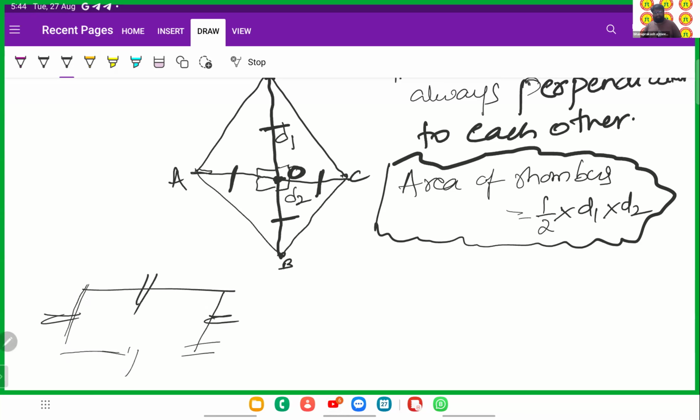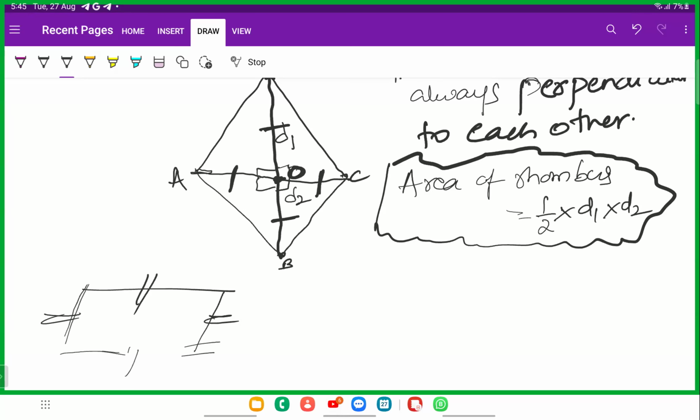Parallel is completely different from equal length. Parallel means parallel lines. Suppose I place these two hands, then it is called parallel. If I tilt at a particular angle, and my other hand also, these two are parallel.